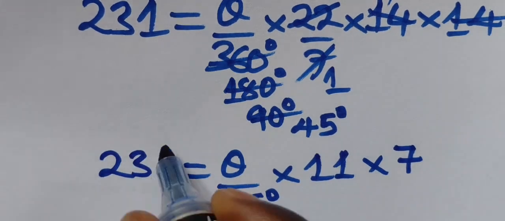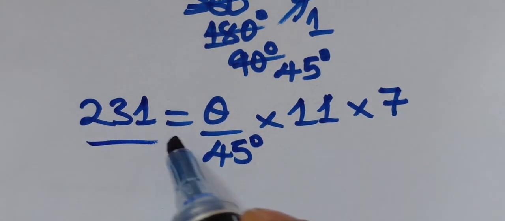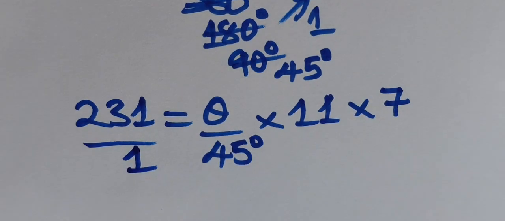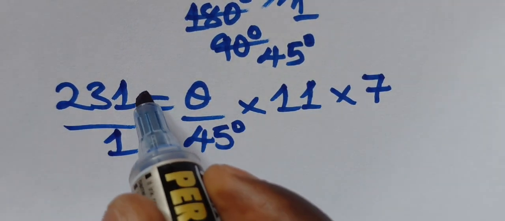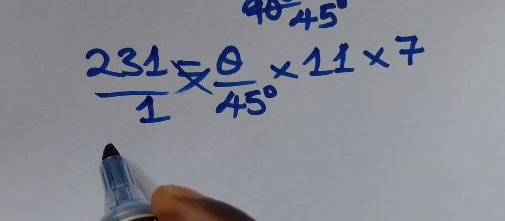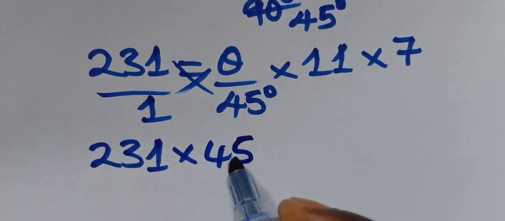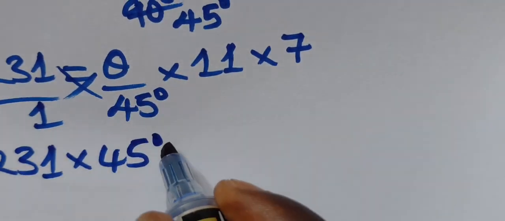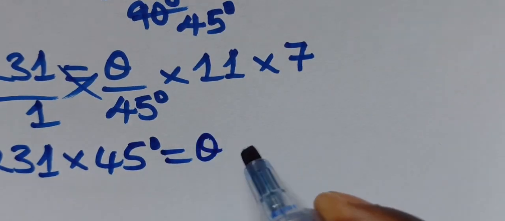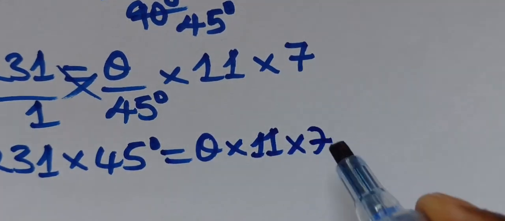So now we can cross multiply here. Introduce over 1 on the left side, and when we cross multiply, this will be 231 times 45 degrees, equal to theta times 11 times 7.